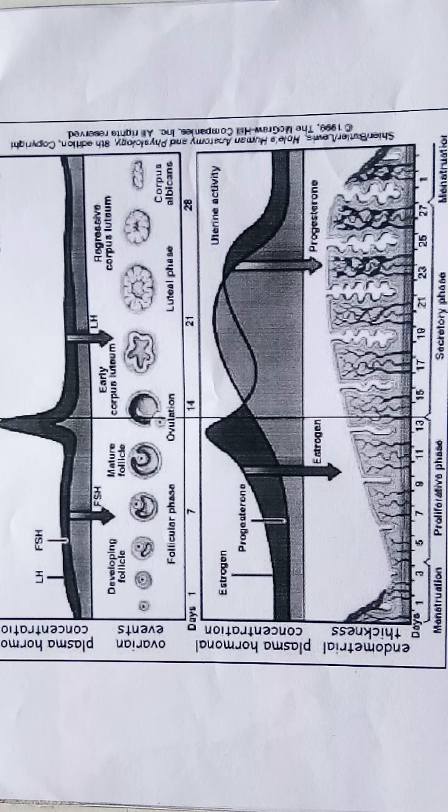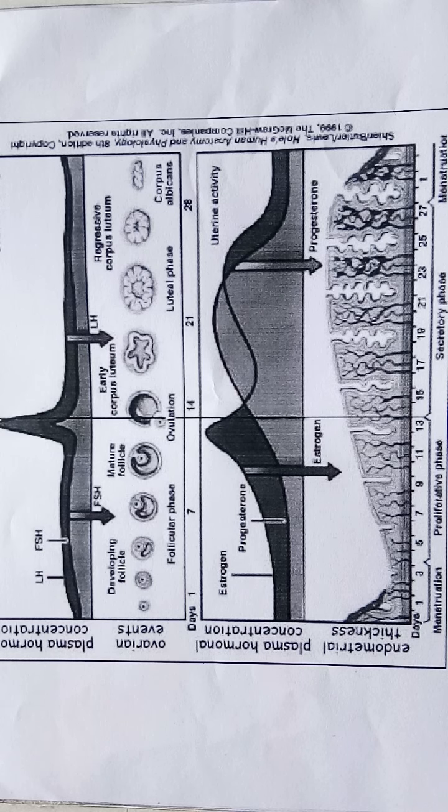The cycle is divided into four phases: menstrual phase, second phase is proliferative phase or follicular phase, third phase ovulatory phase, and fourth phase luteal phase or secretory phase.